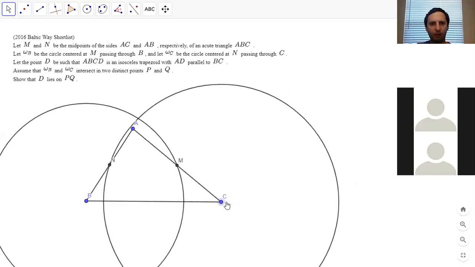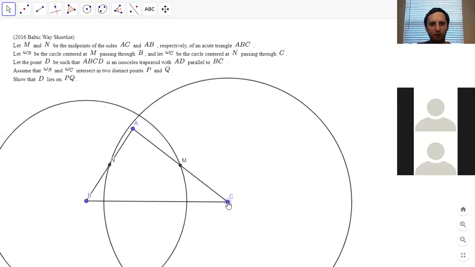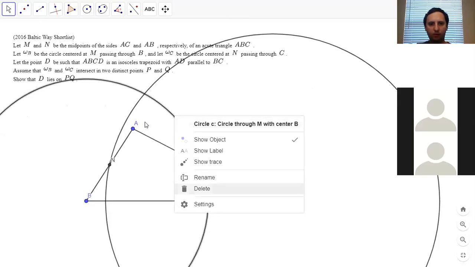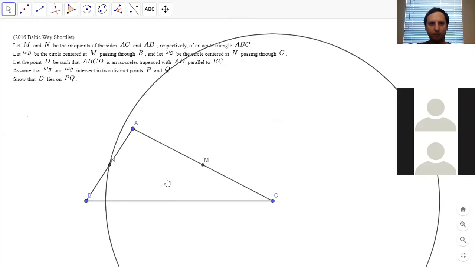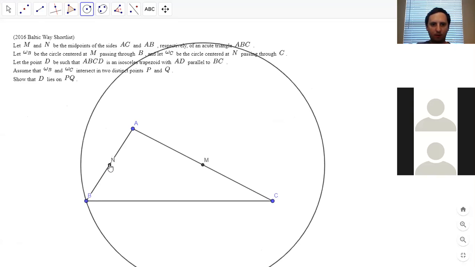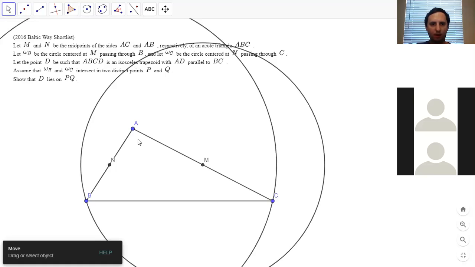So basically, oh, whoops, the centers of this, I didn't draw. This should be the circle centered at M through B, and the circle centered at N through C. And then we draw the point that makes this like an isosceles trapezoid.